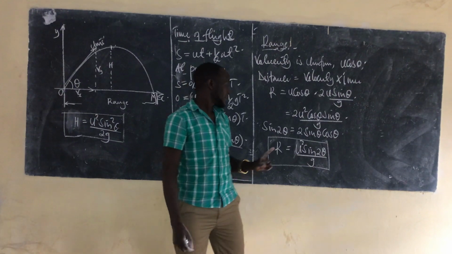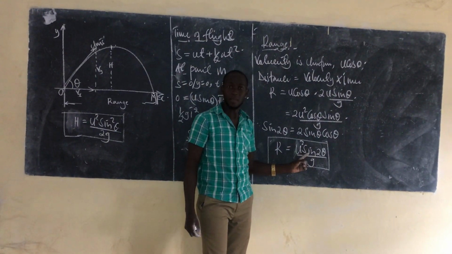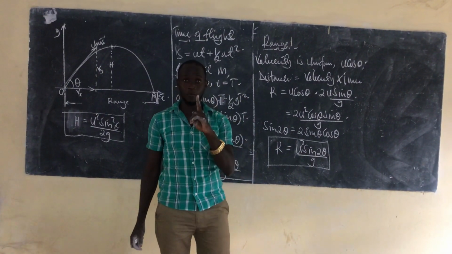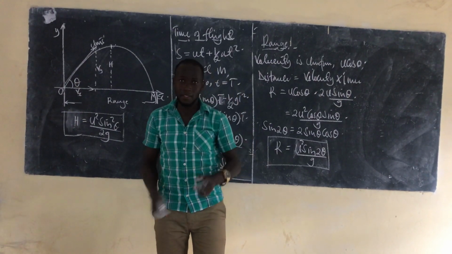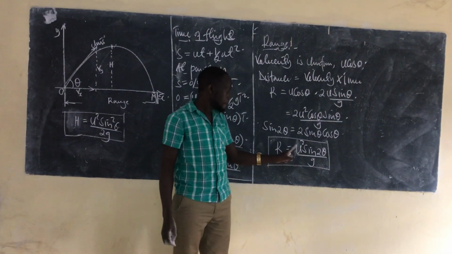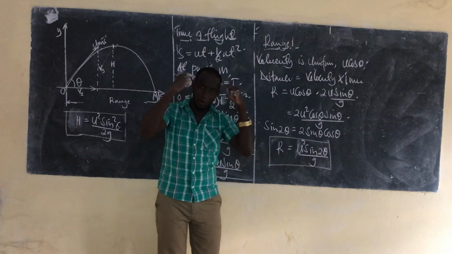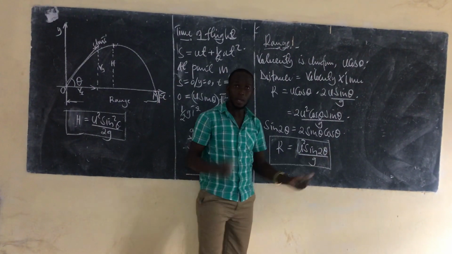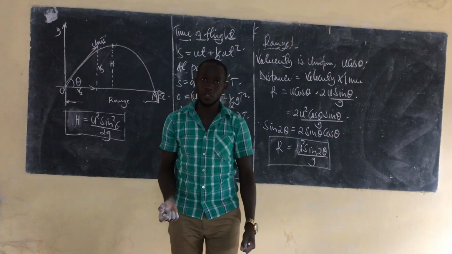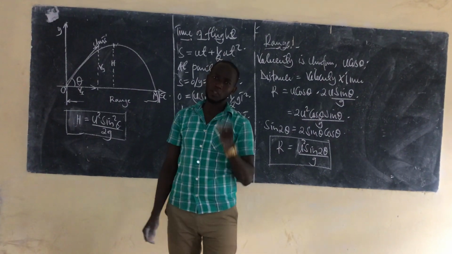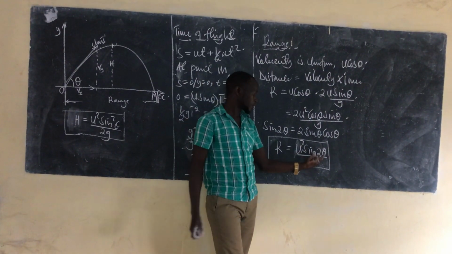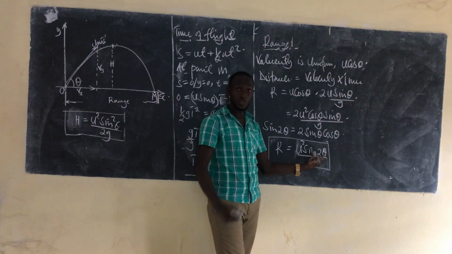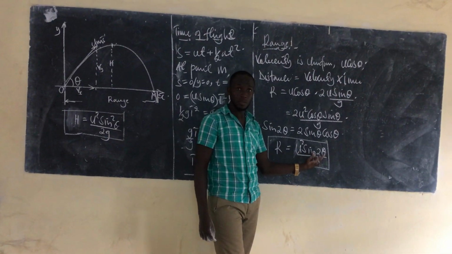And the least value, the minimum, will always be negative 1. Having that in mind, whenever they ask for maximum range, think of making sine 2 theta a maximum value. That's when we talk about maximum range. And it only happens when sine 2 theta equals 1.